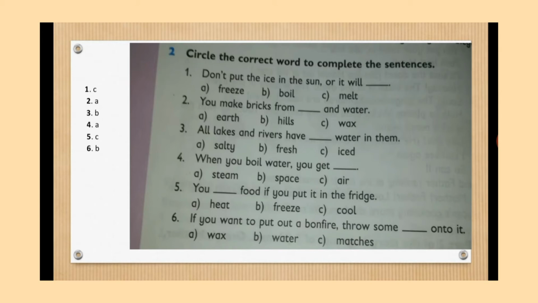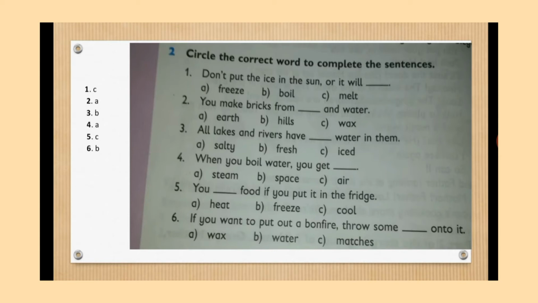Third, all lakes and rivers have dash water in them. Salty, fresh, iced. Fresh. Number 4, when you boil water, you get dash. Options are steam, space, air. Obviously, steam.